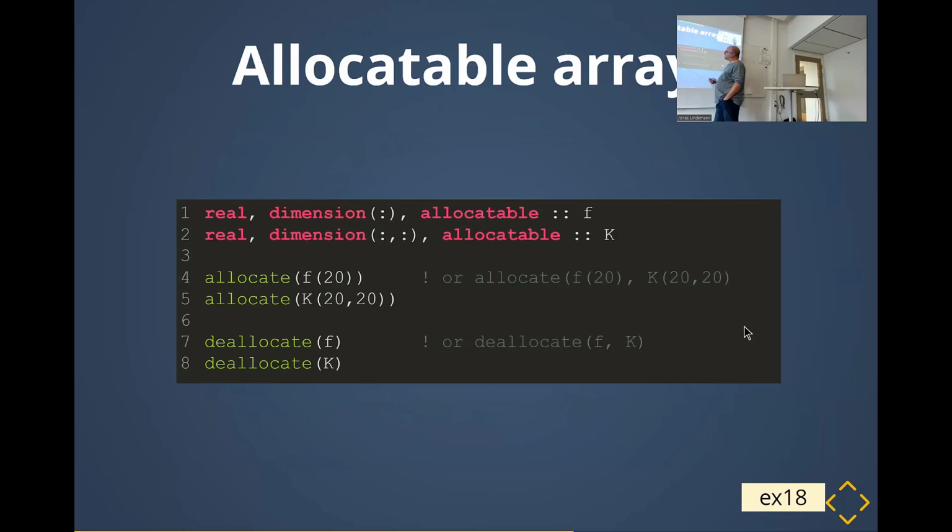Allocate K(20,20). Now it's 20 by 20. And when you're done using it, you can deallocate the variables. Also, if you try to use these variables before you have allocated them, you will crash the program. So don't use them before you have allocated.